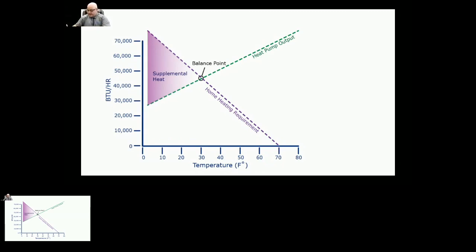And now at 30 degrees Fahrenheit outside, you are dropping below the energy output that you require to keep your house warm. That's what we call a balance point. At that point, you are going to need a little bit of supplemental heat.